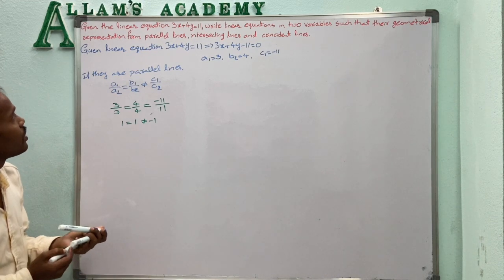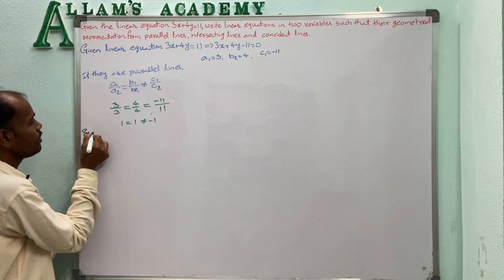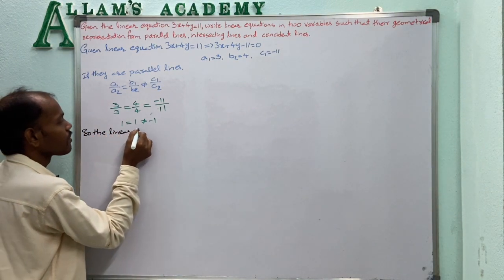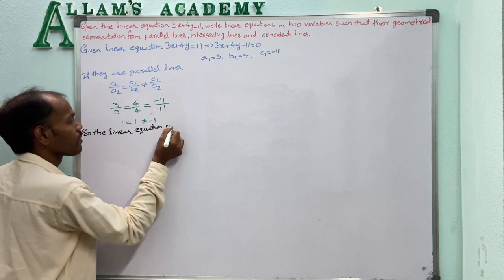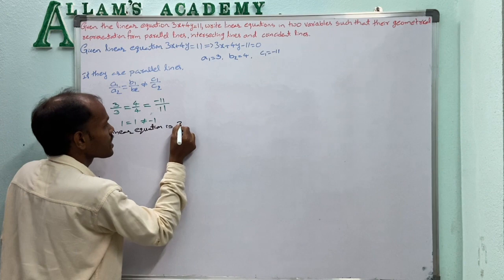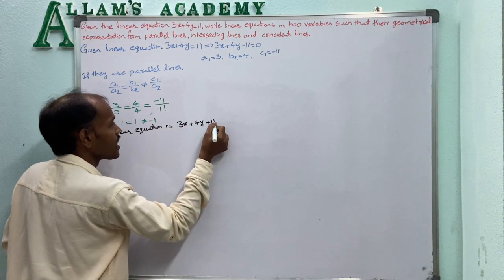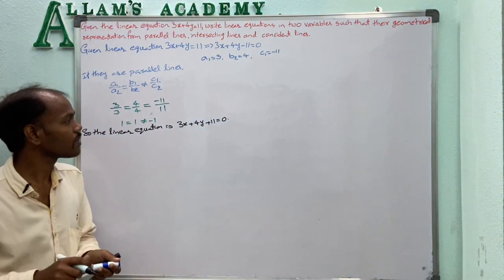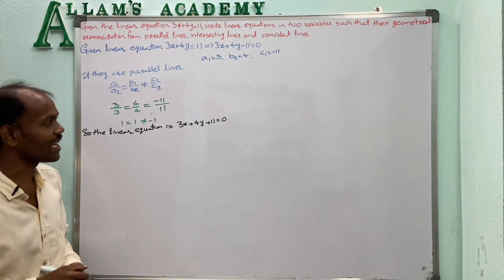So the linear equation is 3x plus 4y plus 11 equal to 0. Now we have written the parallel line.